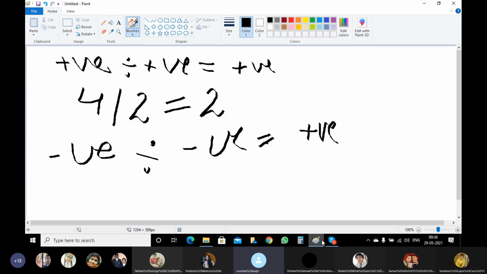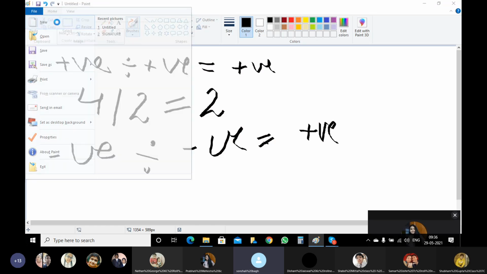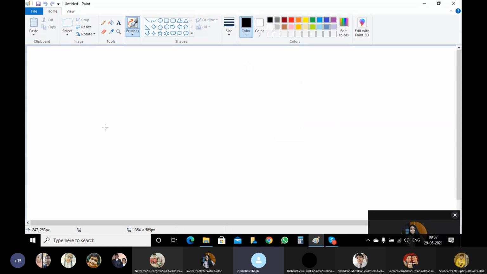But let's see the second condition. If I am dividing a positive integer, you know this is also a division sign, yes or no? Yes, ma'am. With a negative integer, what type of number will I get?